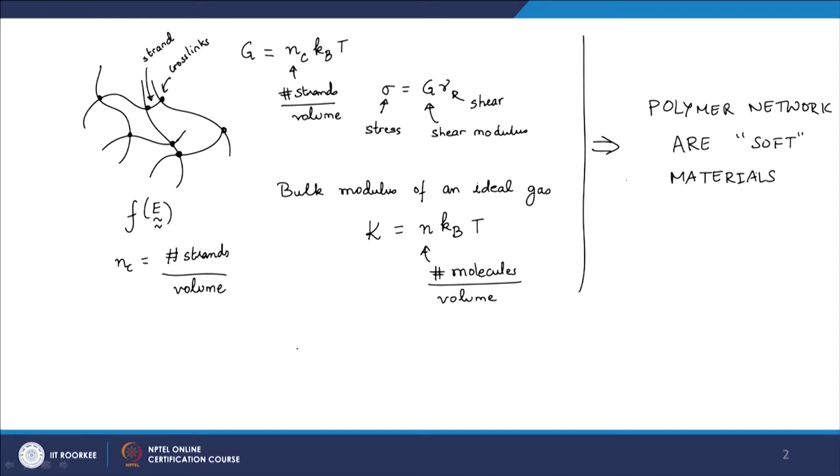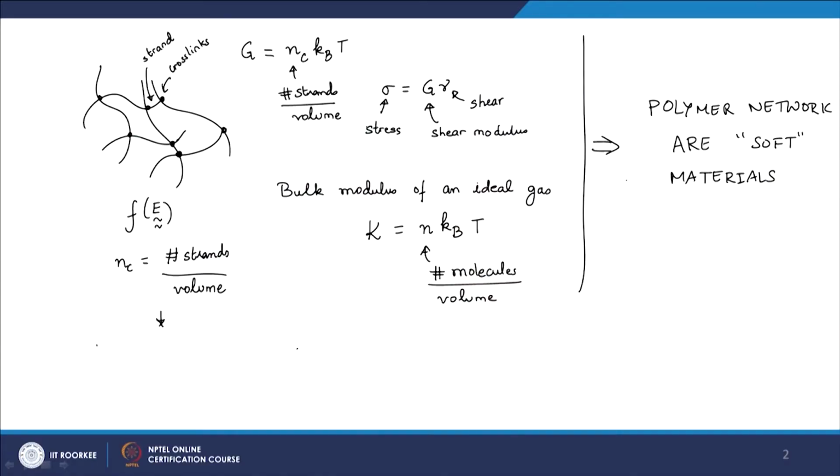We already have said that it is not quite solid when I compare that to a metal. If I add a little amount of liquid, it becomes a gel that is more liquid like. So a polymer network in solid form is somewhat like a solid, but it has a very small shear modulus. That explains why it is very soft.